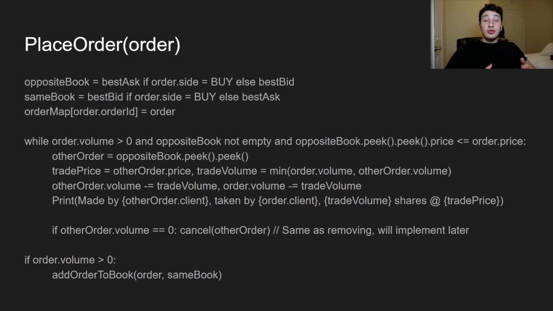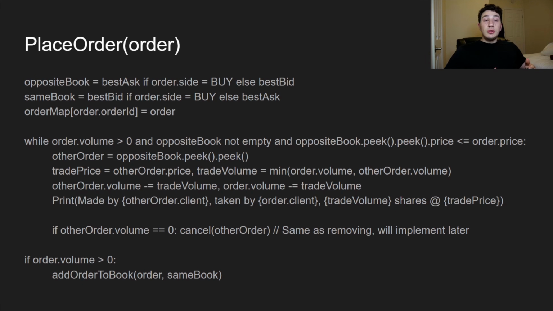We're going to figure out the trade price, which I basically said is going to be the price of the other order that is already in the book. The volume is going to be the minimum of volume between our order and the one already in the book. And then we can print and say, here's a trade that's happening.